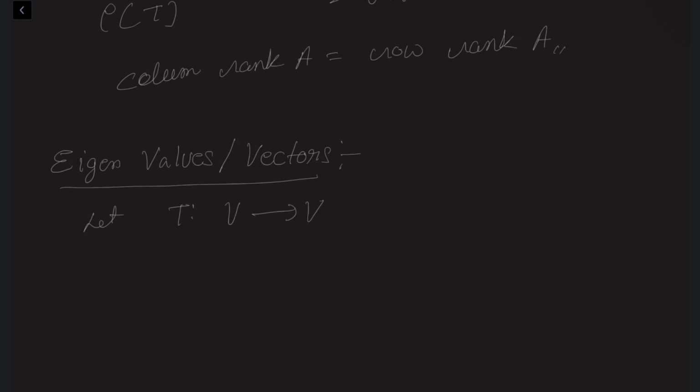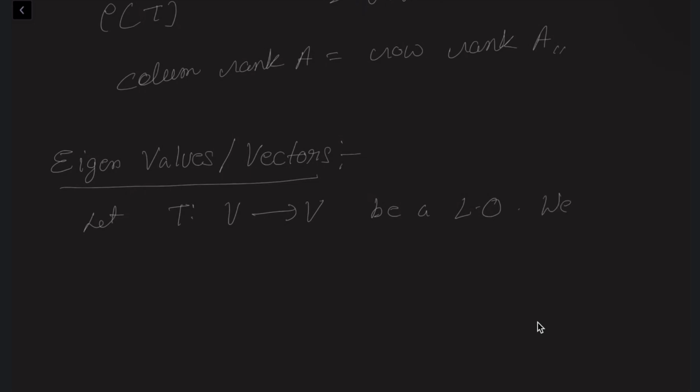We know a linear transformation is a map from a vector space V to a vector space W. Whenever the domain and the codomain are the same, that is, whenever the linear transformation is from V to V, we give it a special name and call it a linear operator. So a linear operator is nothing but a linear transformation from the vector space V to itself.